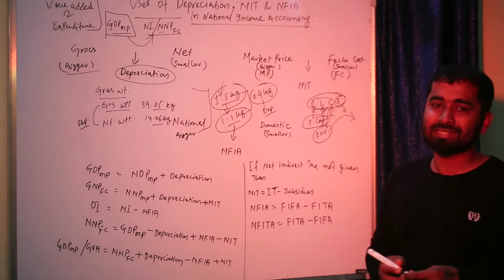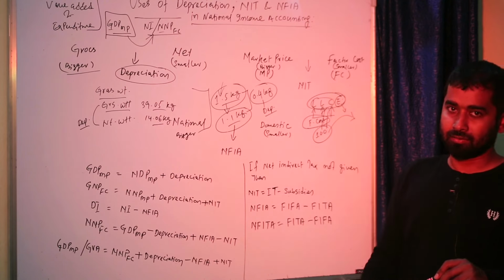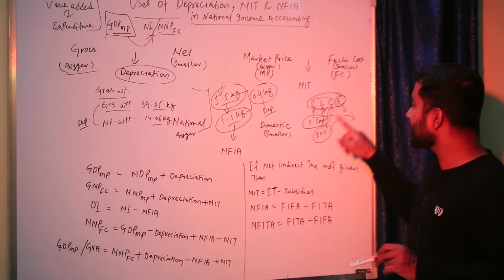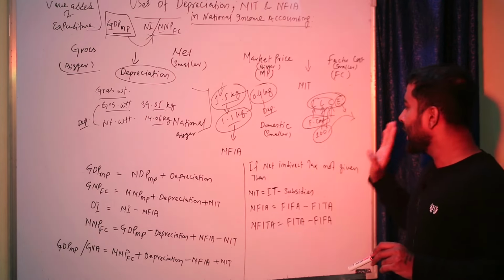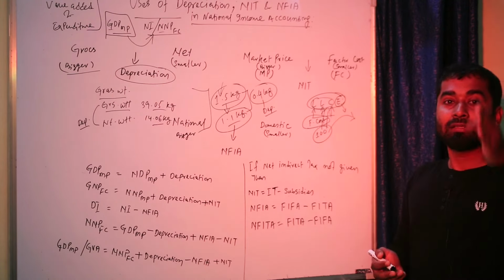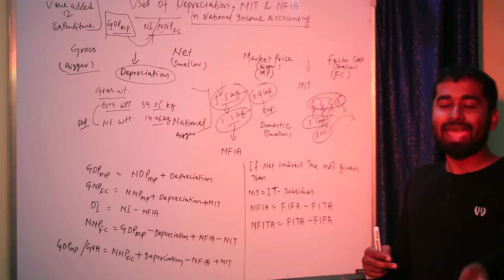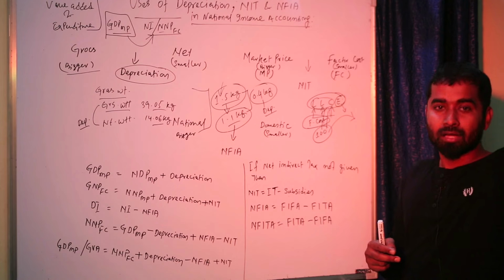You are increasing it. Some profit is included, which is also a factor payment, and the remaining is the tax you are going to pay to the government, which you collect from the public or general customer.